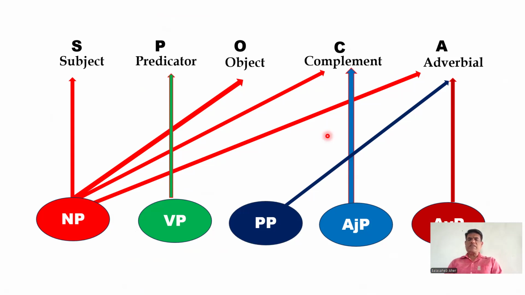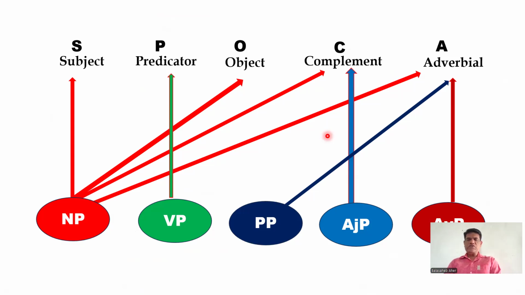So this gives us a clear idea that when we find verb phrase, we have to write P, which indicates predicator, as a function label of that phrase. When there is a preposition, we will write A as a function label. When we have adjective phrase, we will write C, which stands for complement. And when we have adverb phrase, again we will write just A as a function label to that phrase. So it is so simple.